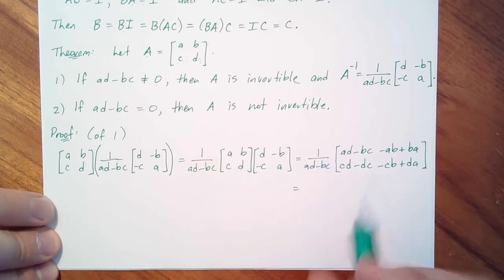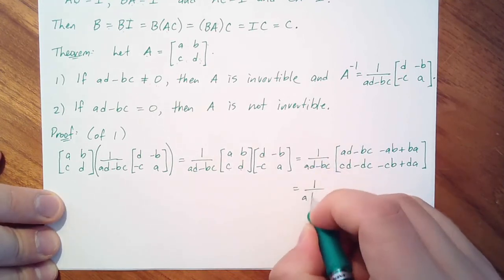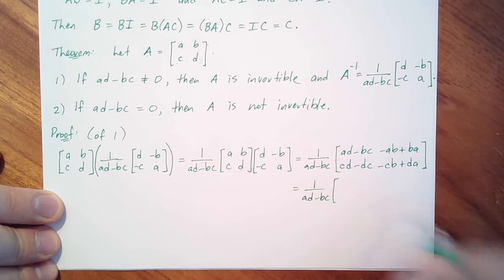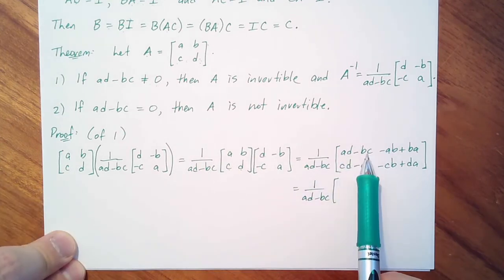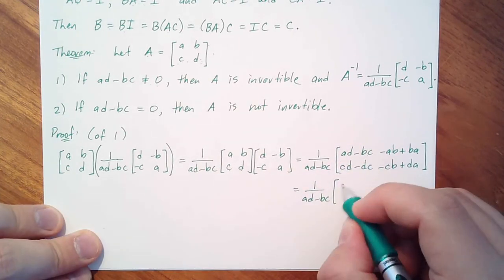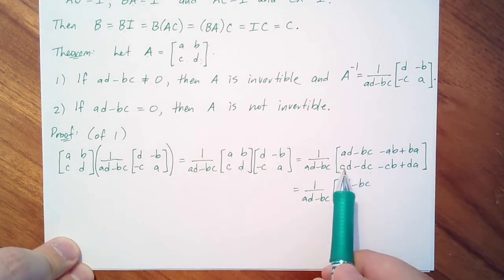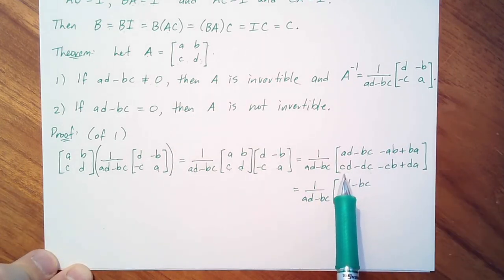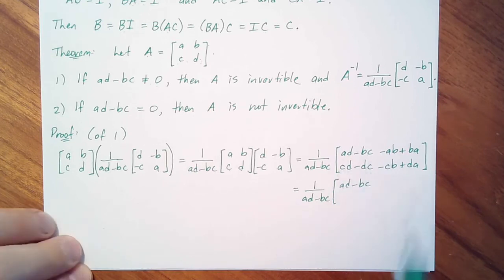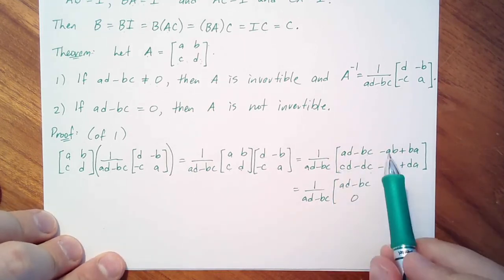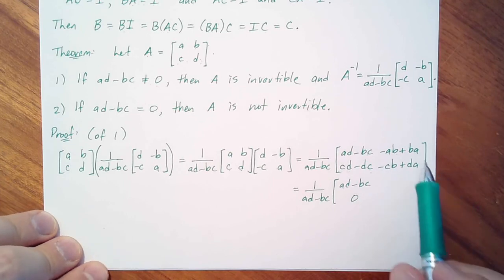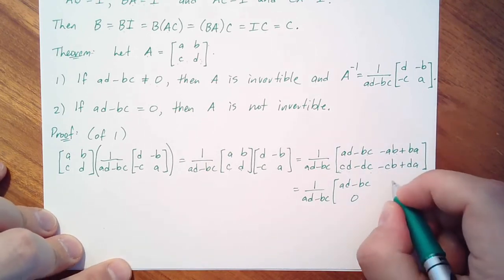Let's clean this up a little bit. Leave 1 over AD minus BC alone. Now what happens here? AD minus BC, we can't do much with that. CD minus DC, well, order doesn't matter for multiplication of numbers, so this is just going to be 0. Same with negative AB plus BA, these are just negatives of each other, so those terms cancel.